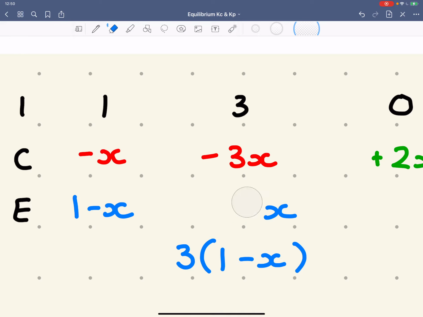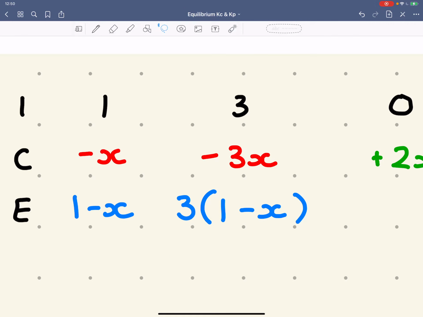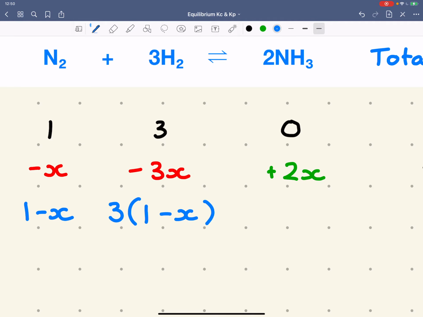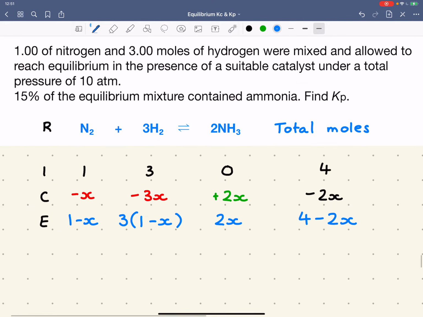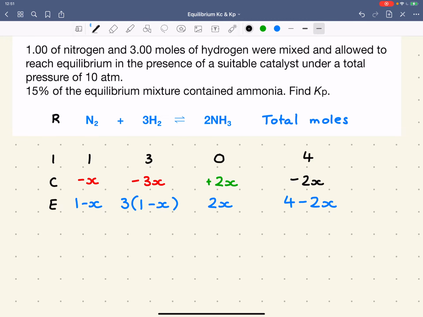And then the moles of ammonia is going to be 2x. The total moles at equilibrium is going to be 4 minus 2x, if we follow the same procedures as we've done before. So what we need to do then is work out mole fractions.